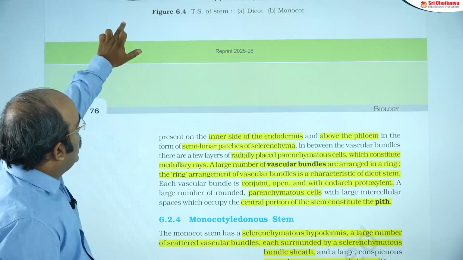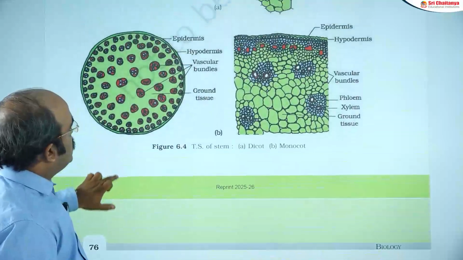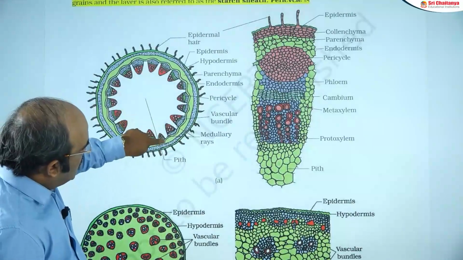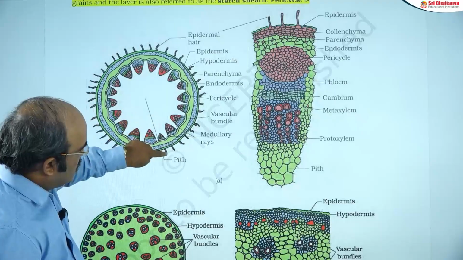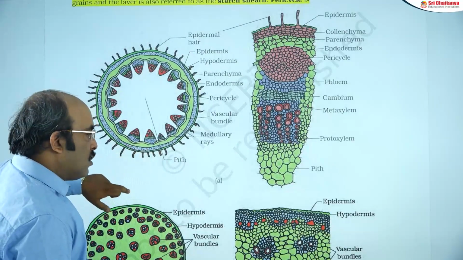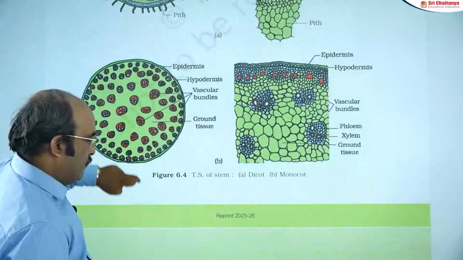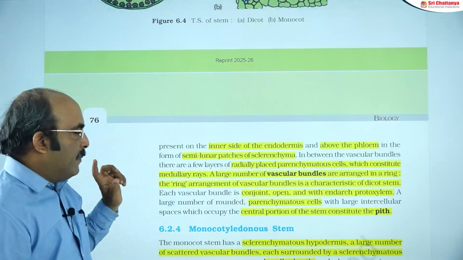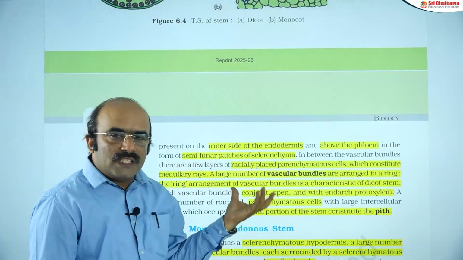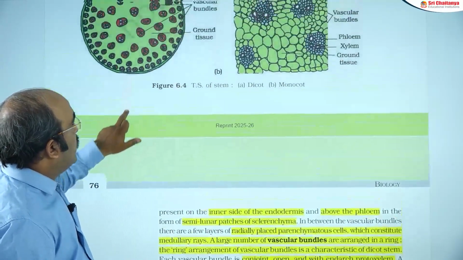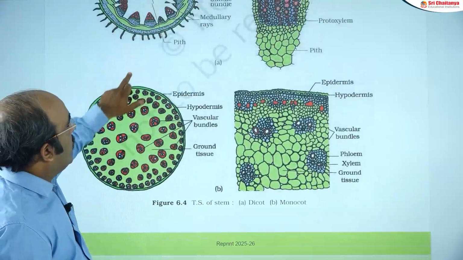So, what is a medullary ray? It is this gap in between the two vascular bundles, whatever parenchymatous tissue you see, which is the radially elongated parenchymatous cells.